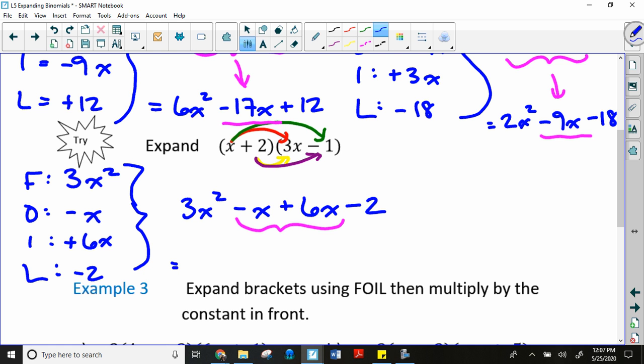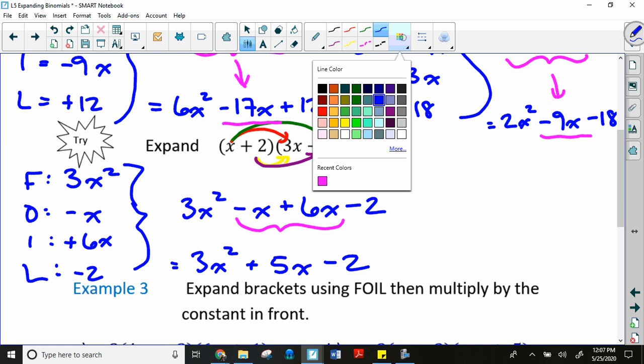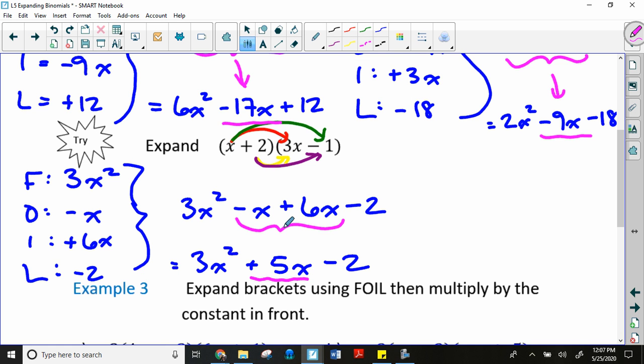We do this, 3x squared. -1 plus 6, use your calculator, that's a positive 5x, and then minus 2. And this positive 5 came from that simplification.